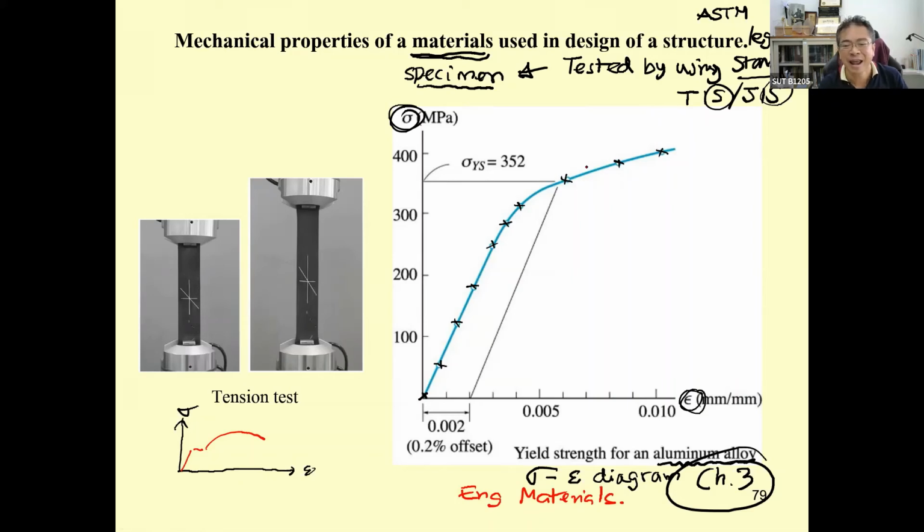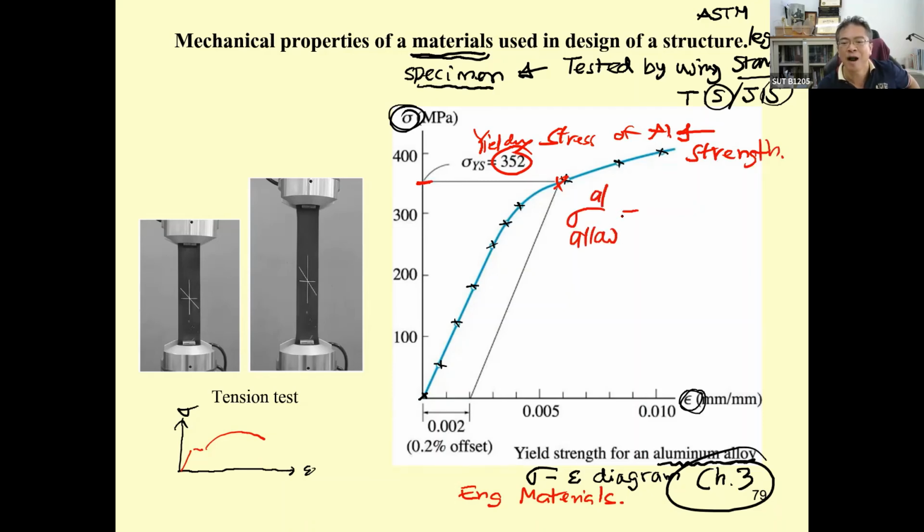And then there is a method to determine the yielding stress of aluminum. We keep this one for 352. We use this one as the strength of aluminum. We're going to find sigma allowable of aluminum. That's going to be sigma sub ys over here divided by factor of safety.